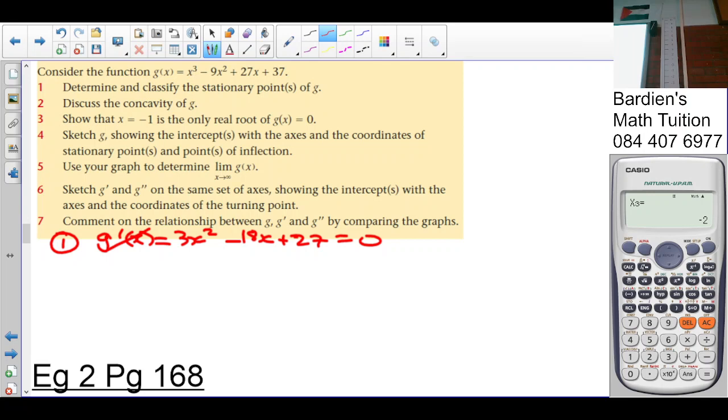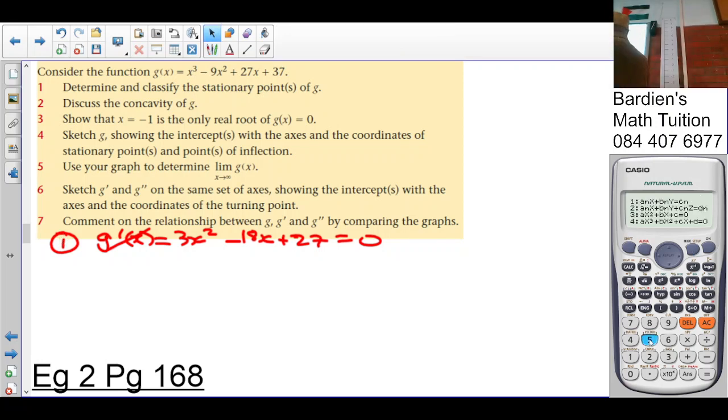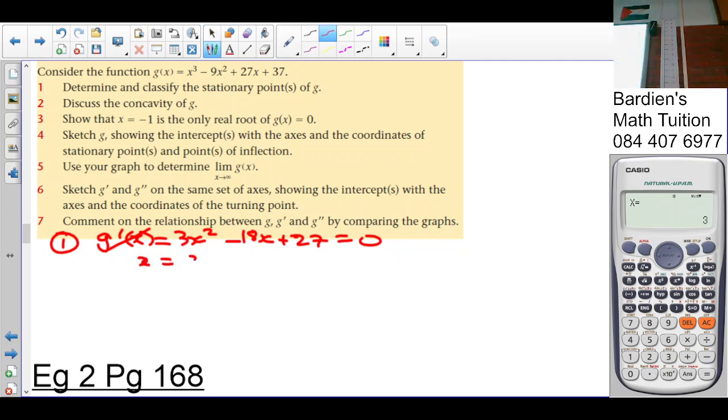So again, you can either use the quadratic formula or your factorization, or you can use the calculator. So that's going to give us 3, negative 18, 27. So that's an x value of 3. You see, they only gave you one x value.